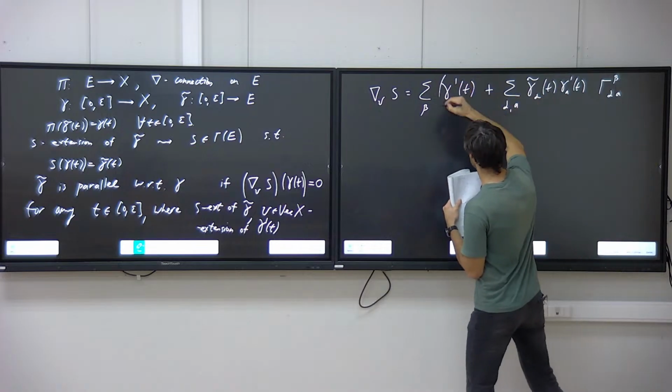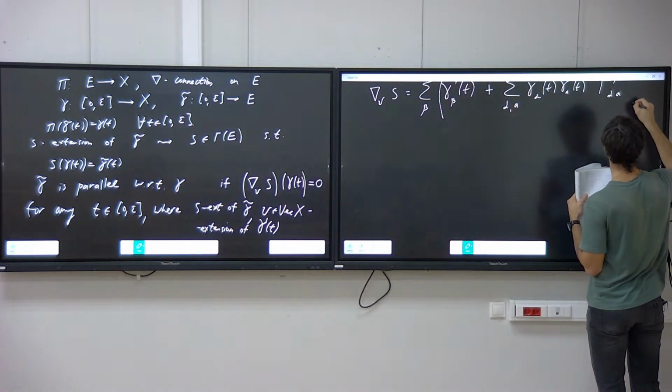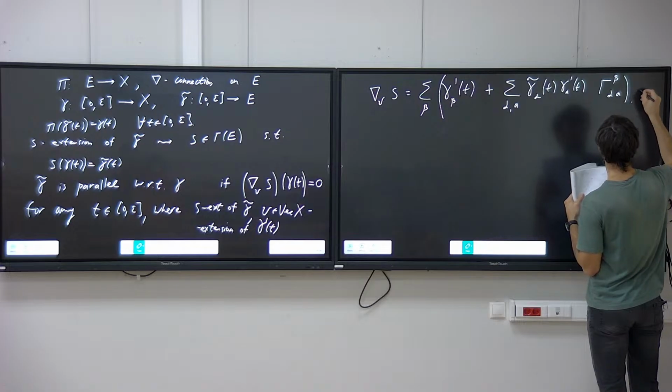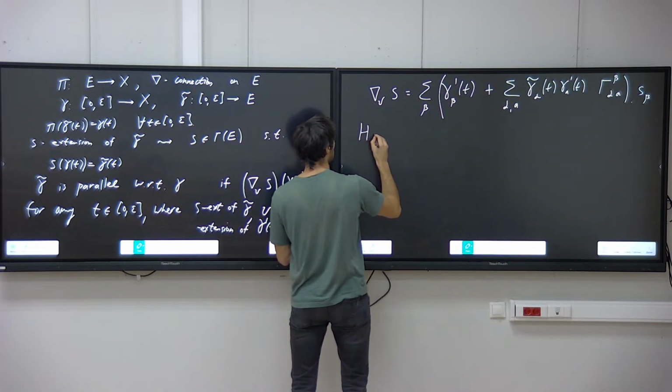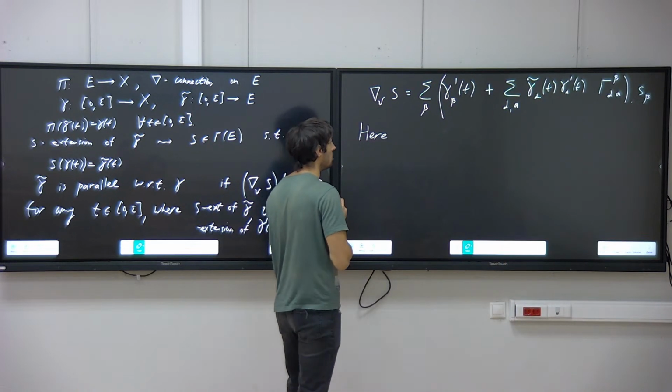So I have to put parentheses like that, and here I should write S beta.